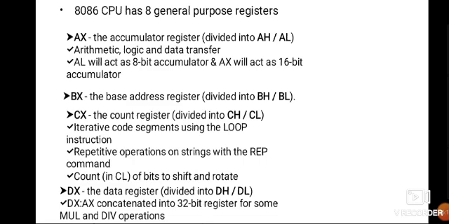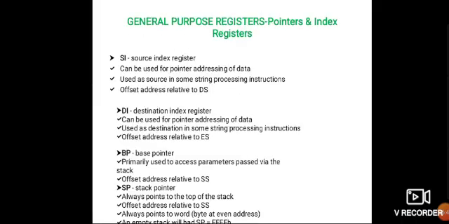It can also store the count, especially in the CL register, for how many times the bits have to be rotated or shifted in rotate and shift operations. And DX is the data register, which is normally concatenated with the AX register to form a 32-bit register, where you can perform multiplication and division operations.